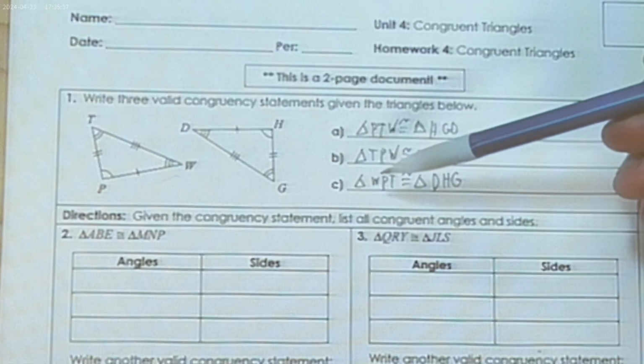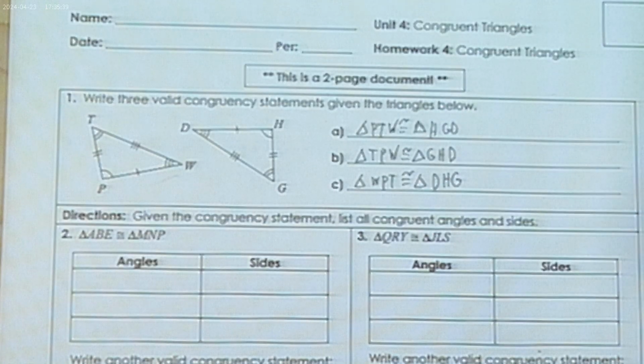W, D, W, D. That's how important these reference angles are for these congruency statements. There are a bunch of different varieties on how you can write them. But that's basically three valid congruency statements given them.